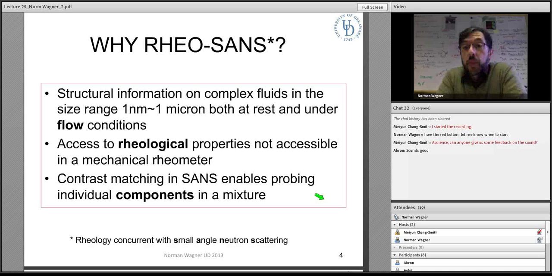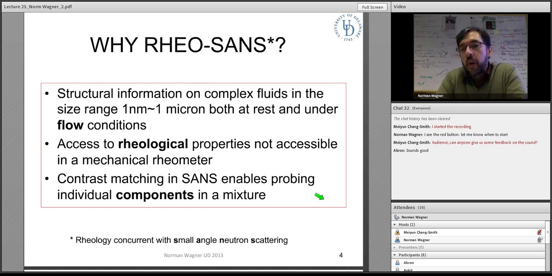So why do Rheo-SANS? You know from your course that neutron scattering can give you important structural information, especially on complex fluids and soft materials, from size ranges from the atomistic up to microns, maybe even 5 to 10 microns if you use USANS. Many materials have their properties because of the processing or are used during processing, so we want to know more about the structure, not just at rest, but also under flow or other deformation conditions.